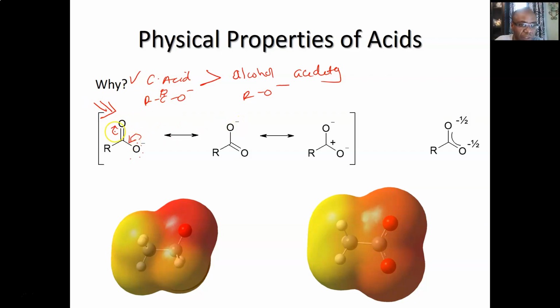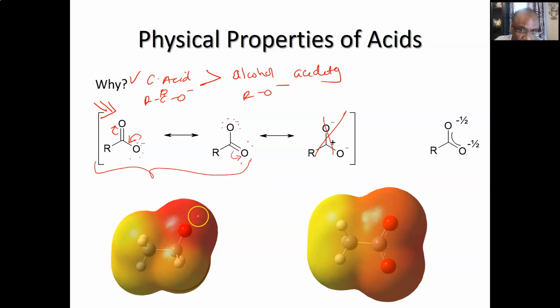You push your arrows like this, that goes there, and you get this resonance structure. Of course, if you want, you could push this pi bond towards the oxygen, which is unlikely. Lewis structures try to minimize charges. We talked about that in chapter 1. These are the two common resonance contributing structures.